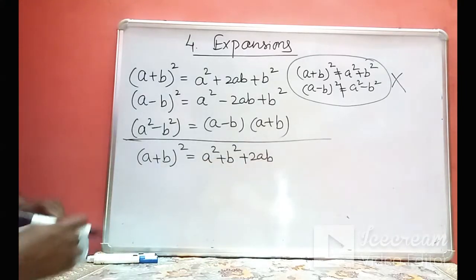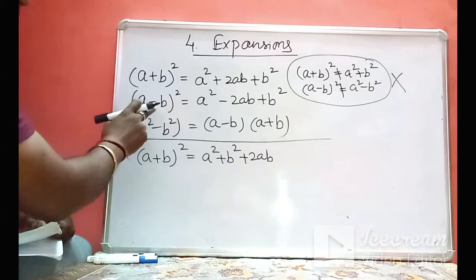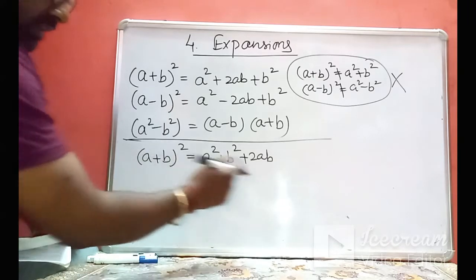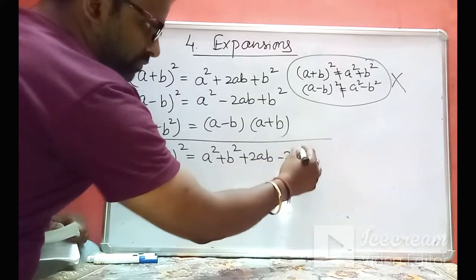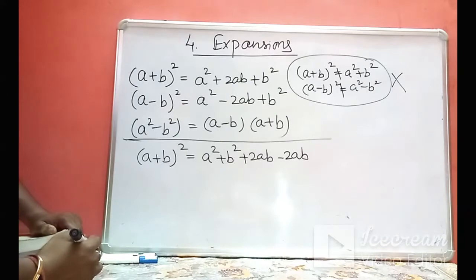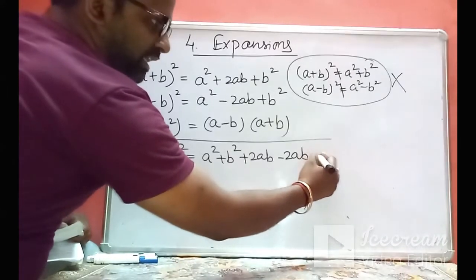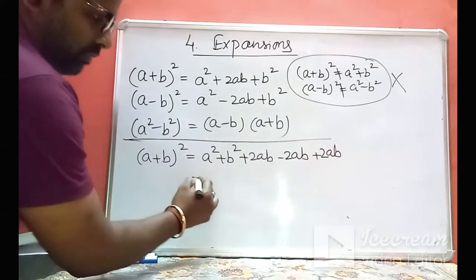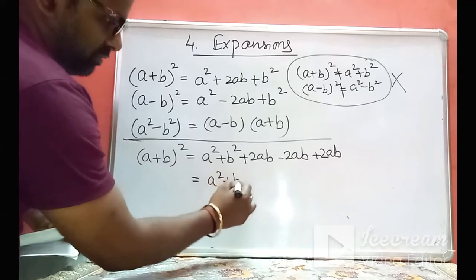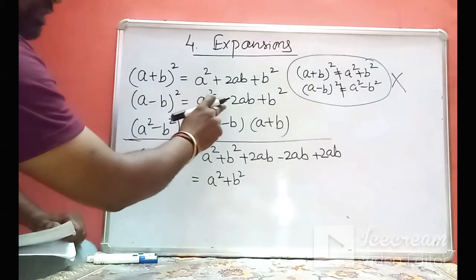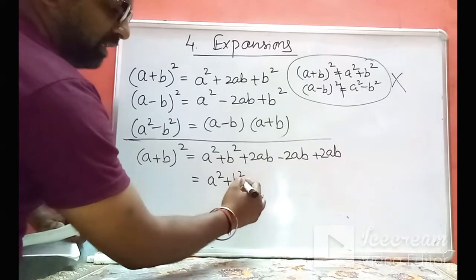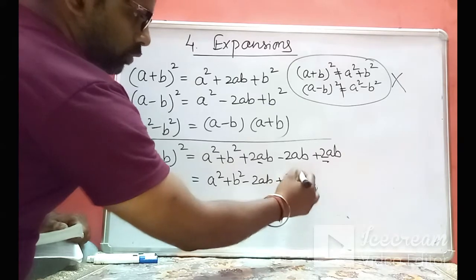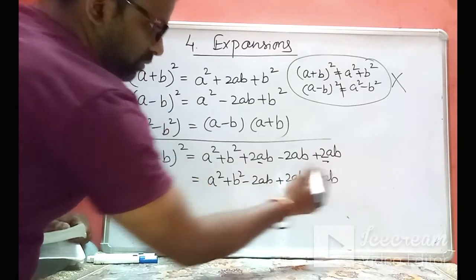Now I want to write it in terms of (a - b) whole square, so I will write here minus 2ab, and since this is the extra one, I will again write plus 2ab. Then I will combine the terms. What I need is (a - b) whole square, so it is minus 2ab, so I will take minus 2ab here, and these two form a group, 2ab plus 2ab.